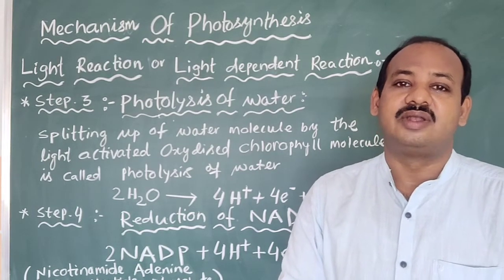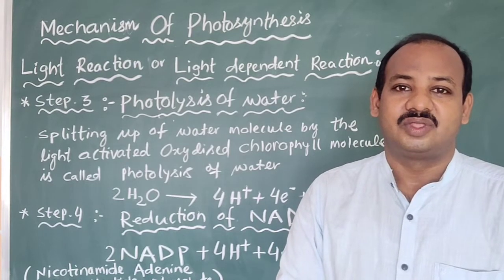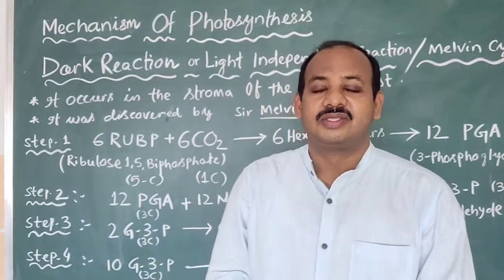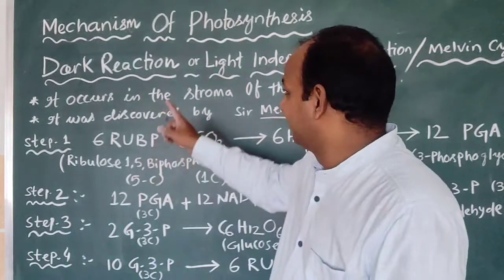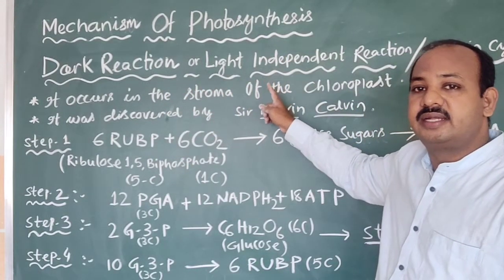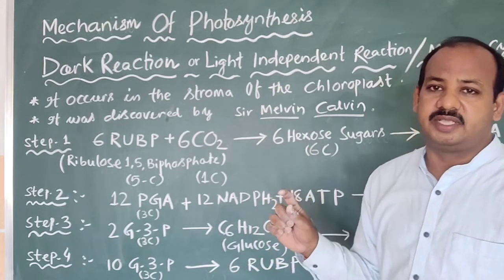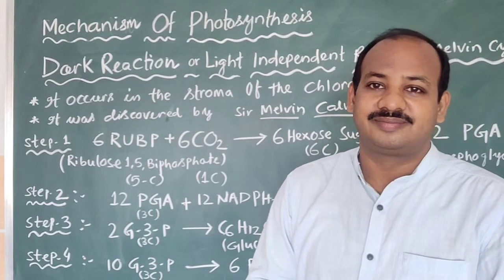Okay, next we will discuss the dark reaction. So the next step is called dark reaction. Dark reaction is also called light independent reaction, because the dark reaction takes place in the stroma of the chloroplast.